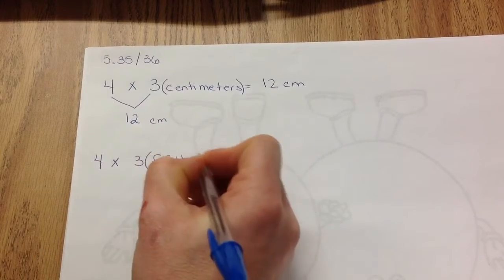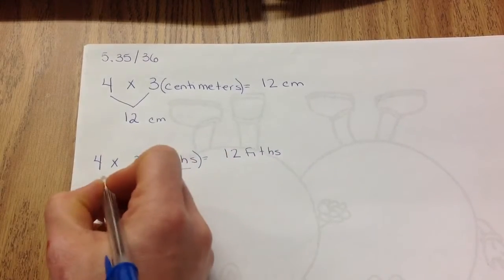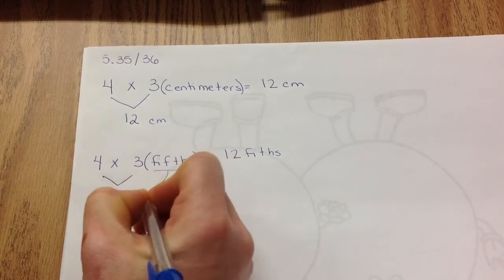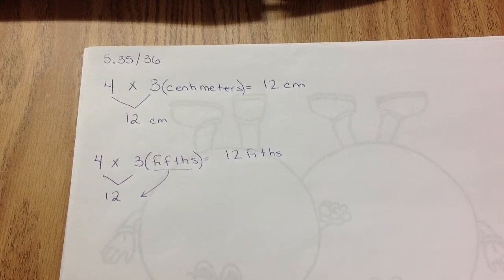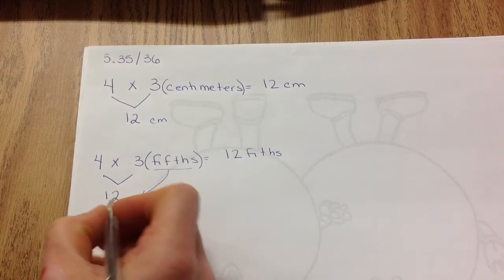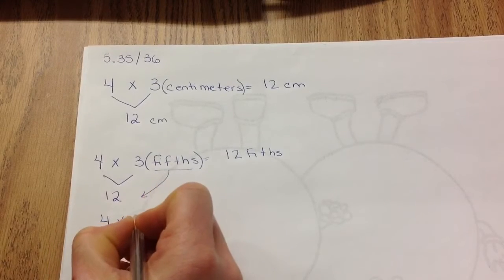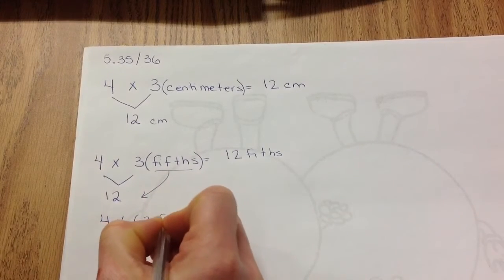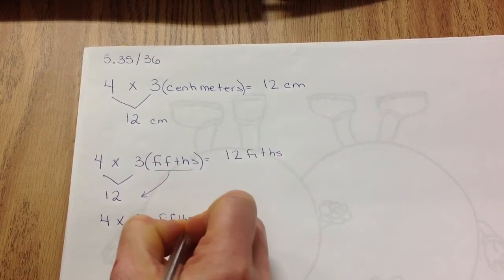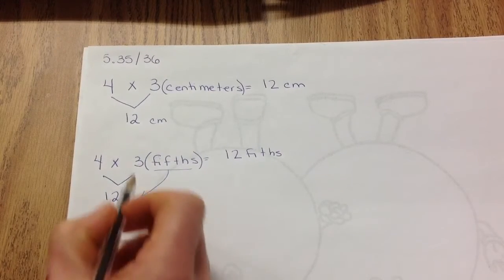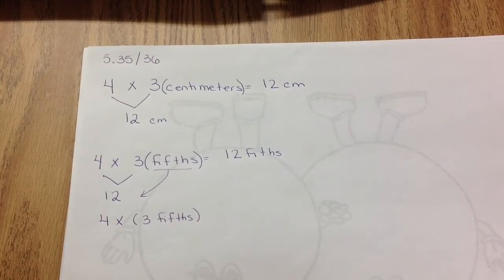If I were to break off this component and just say 4 times 3, I would get 12 fifths. Now if I did it this way, if I did 4 times 3/5, would it still equal 12 fifths? The answer is yes. So both of those are exactly the same.